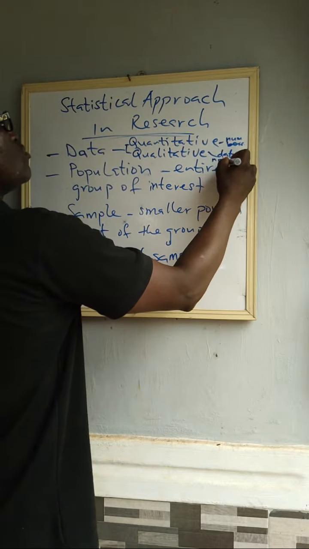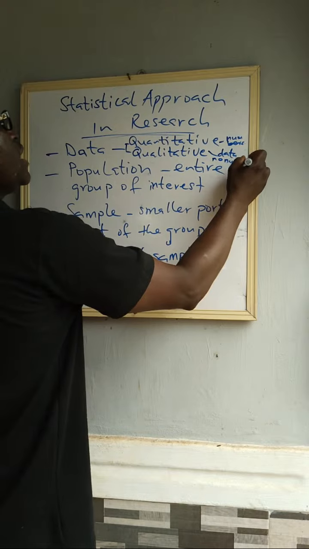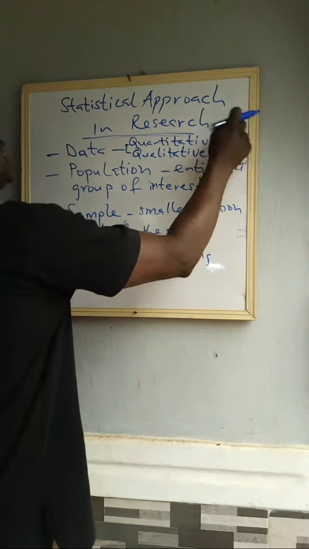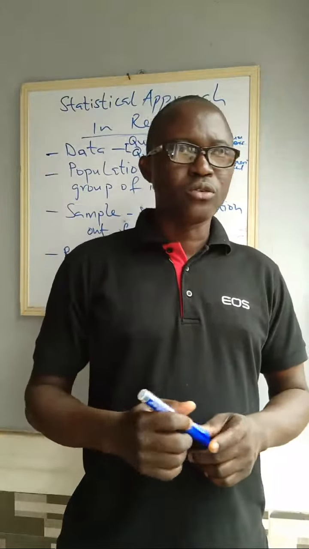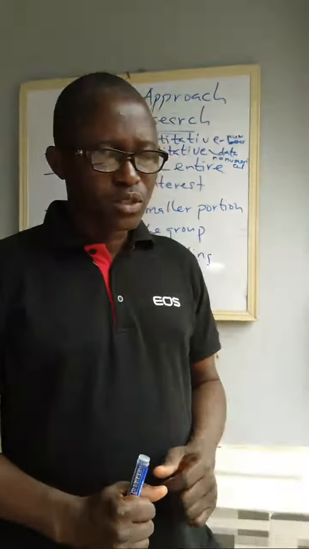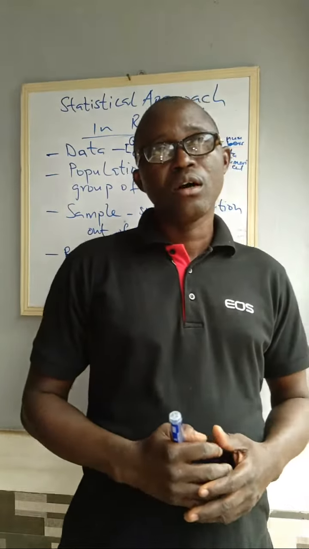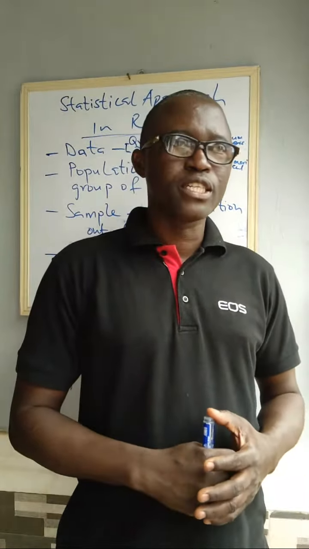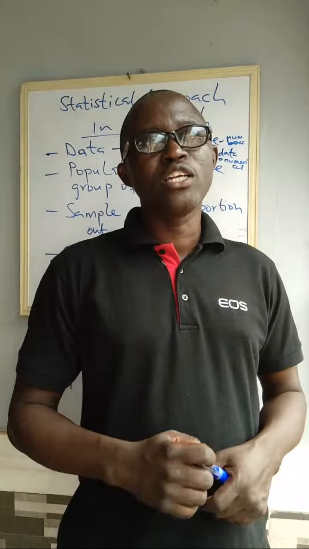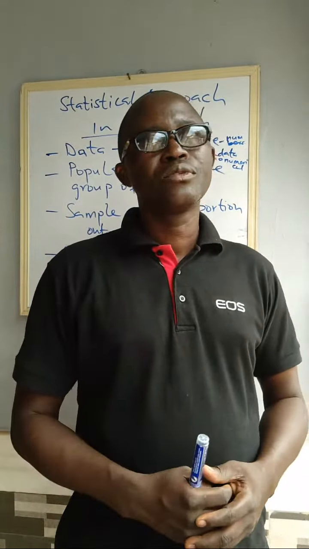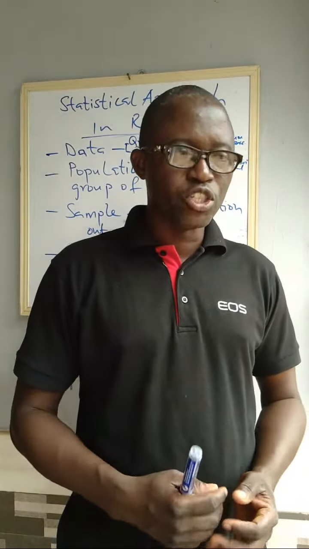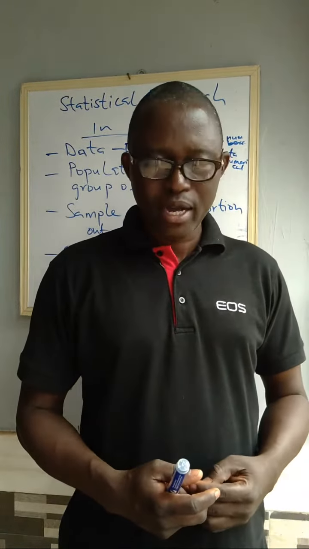But in quantitative, we have numerical value. So we talk about quantitative data and qualitative data. For quantitative data, we can do randomized sampling, sample the data randomly and obtain information needed in form of numbers.